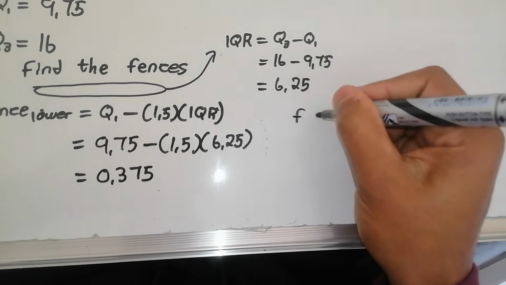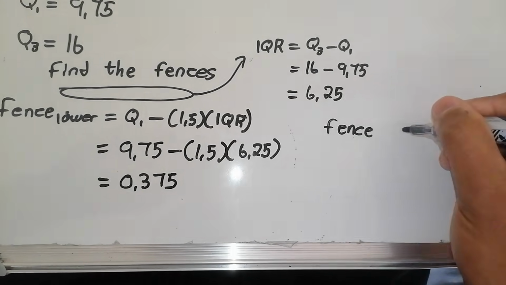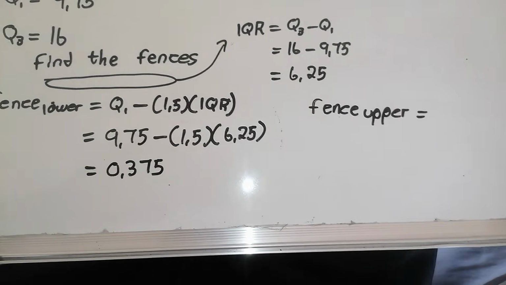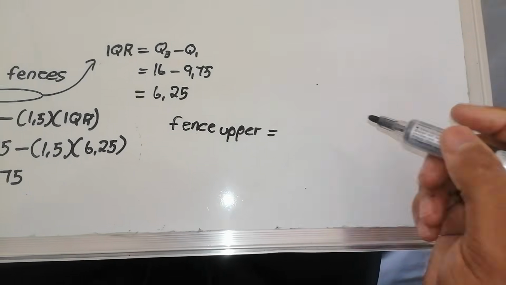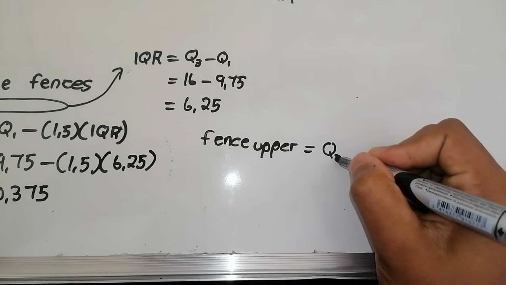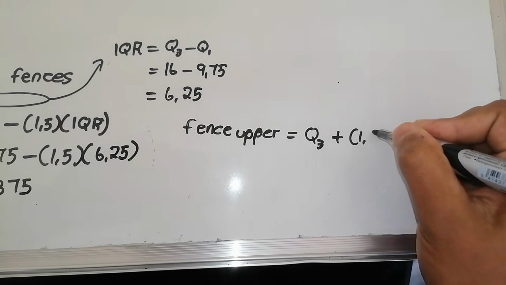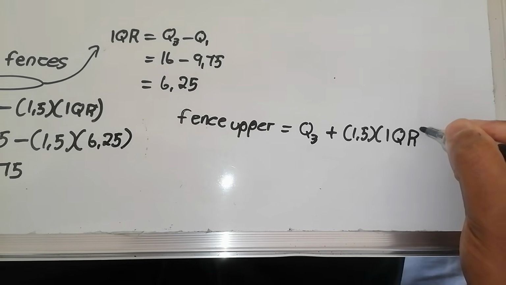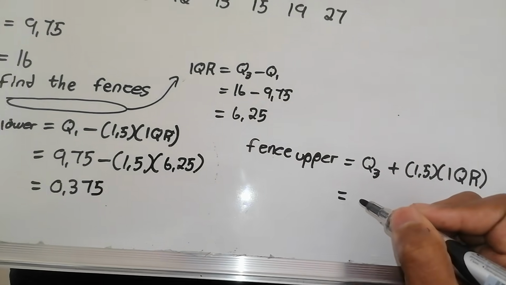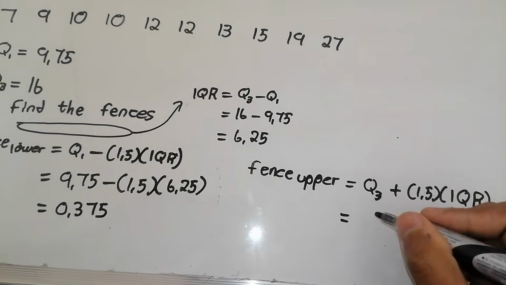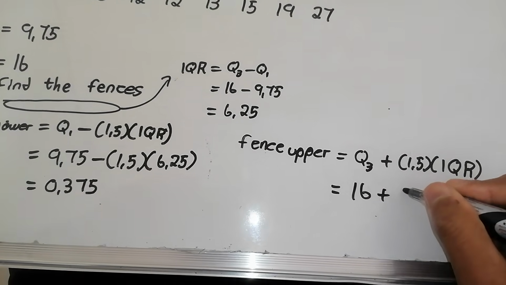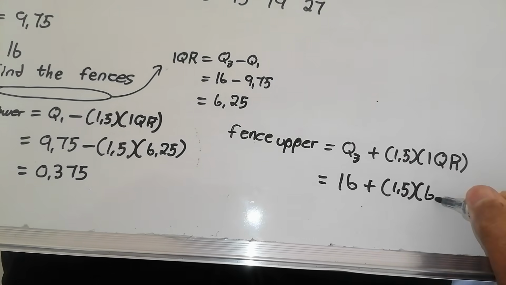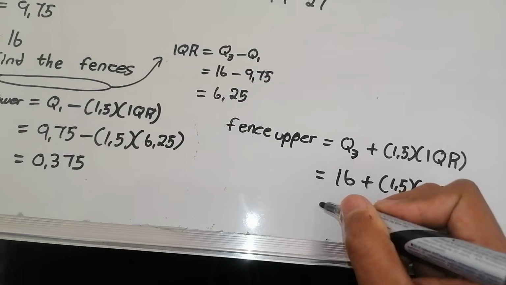And then your upper fence is equal to Q3 plus 1,5 multiplied by the IQR. And then what is your Q3? You're gonna take this 16 plus 1,5 times your IQR, 6,25.